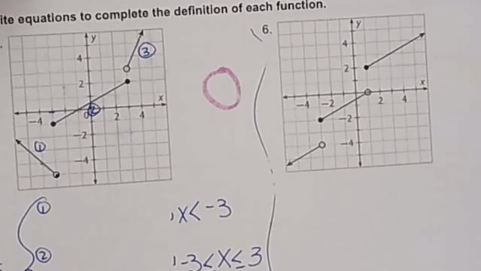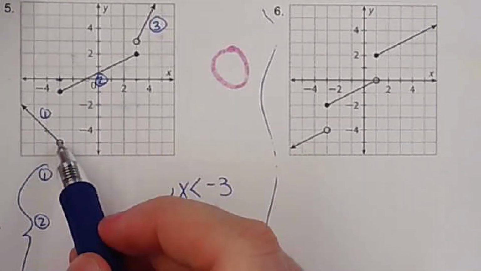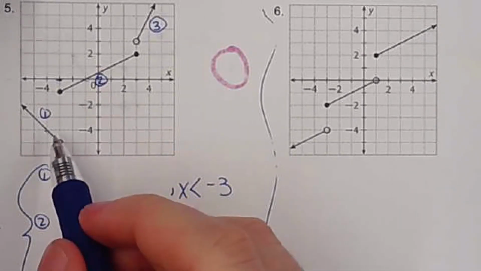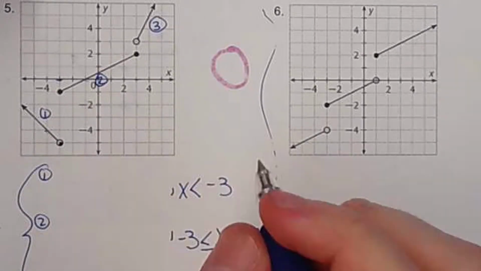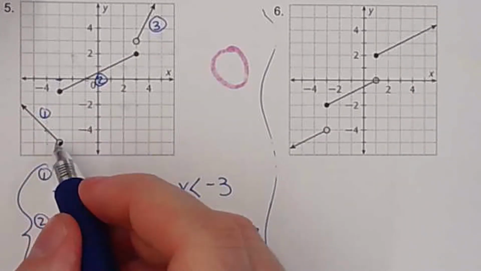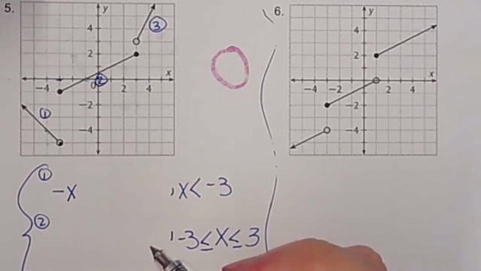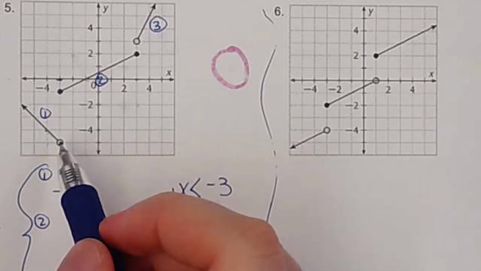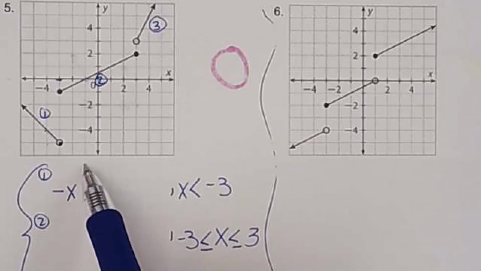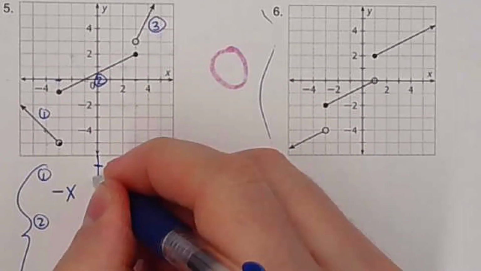So for number 1, it looks like we have a slope of up 1, back 1, up 1, back 1, or down 1 over 1, however you want to call it. So it's going to be minus x, down 1 over 1 is going to be minus x. And if we look for our y-intercept, we keep doing down 1 over 1, down 1 over 1, down 1 over 1. We'll find where we hit our y-axis. So let's extend this out a little bit.